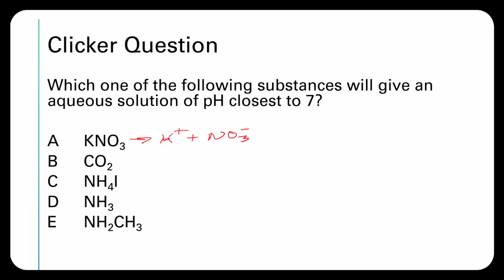This cation comes from potassium hydroxide, so it is neutral. Nitrate is the conjugate base of HNO3, which is a strong acid, so it is neutral. So this will have a pH equal to or very close to 7.